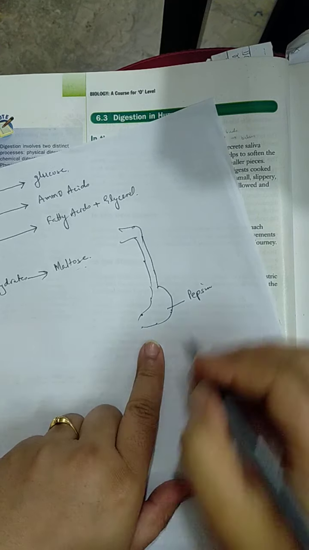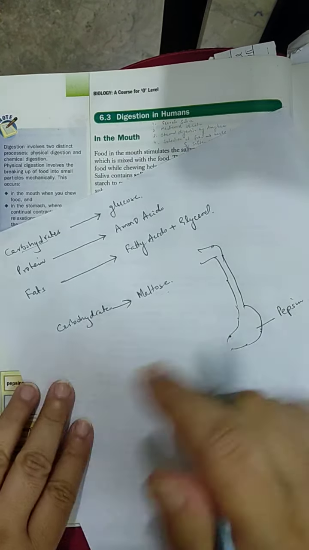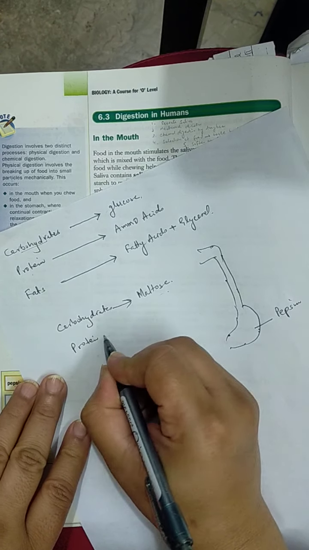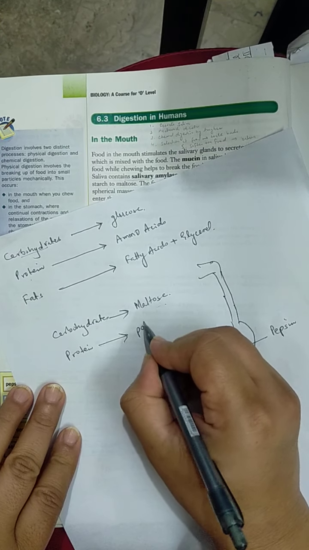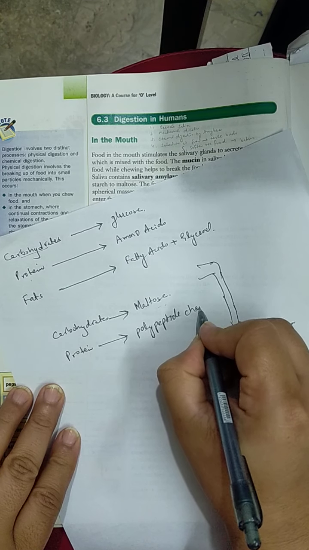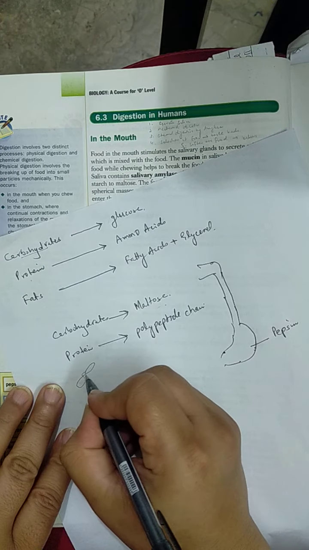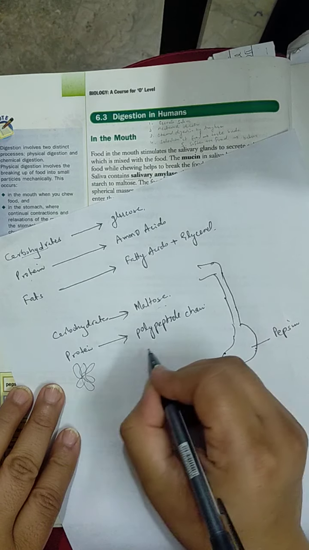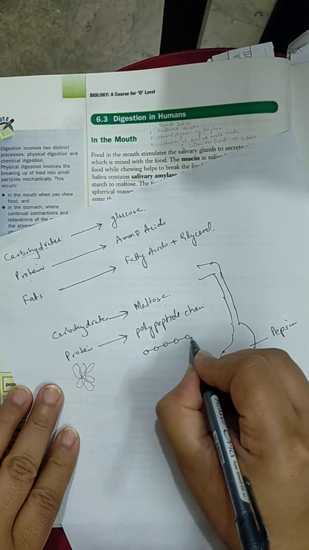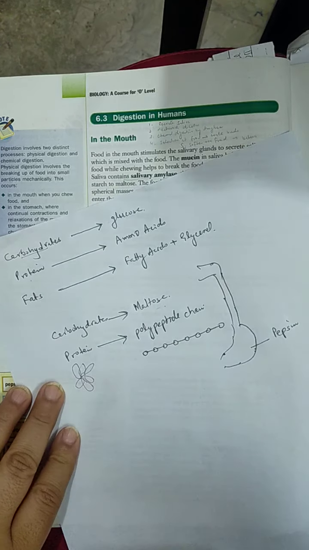This pepsin helps in the digestion of protein, which will break down into polypeptide chains. For example, this thick and complex structure will convert into a chain of amino acids that is called a polypeptide chain.